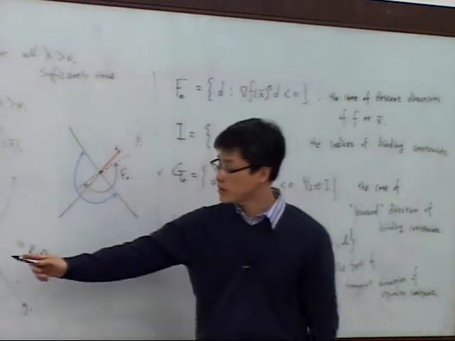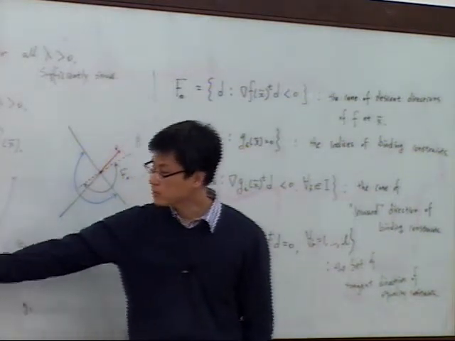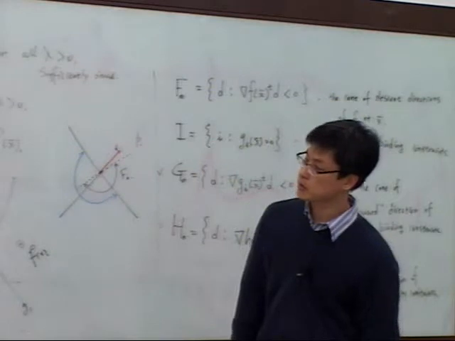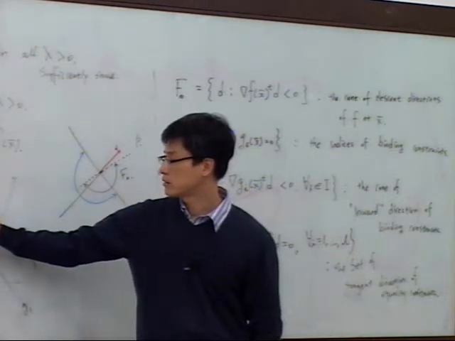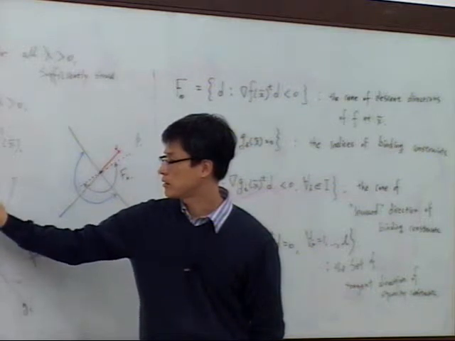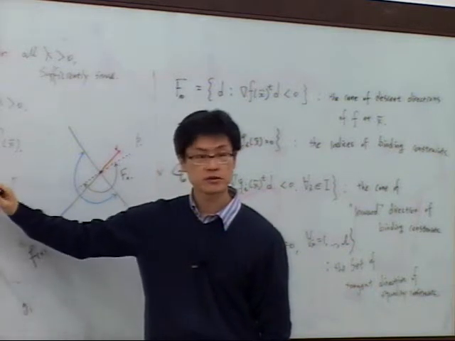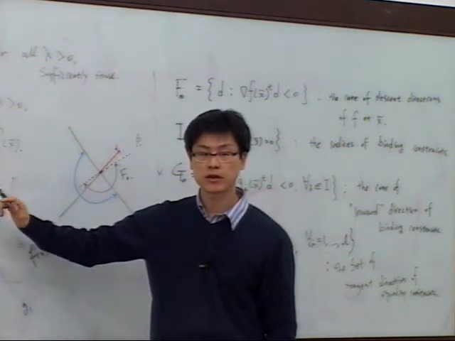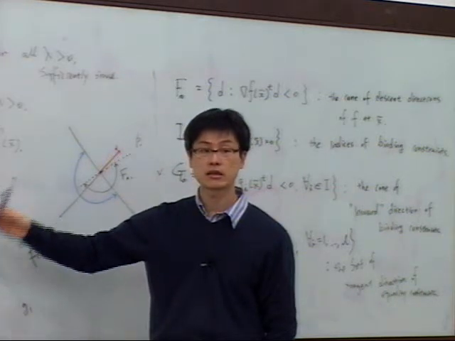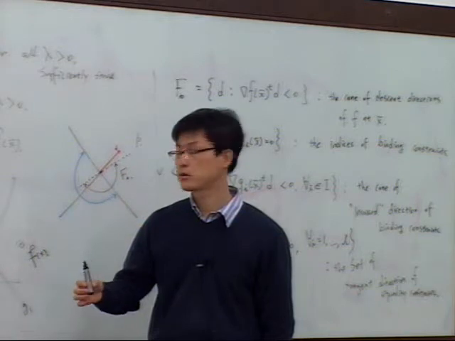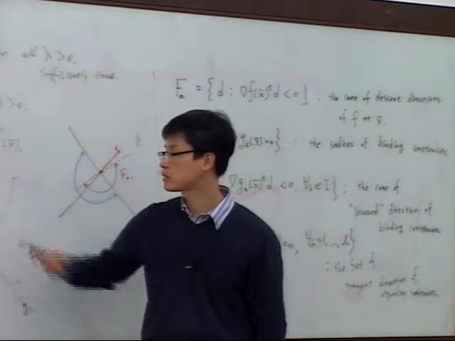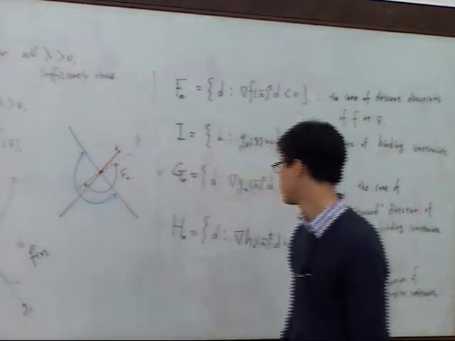Based on this equality constraint, I'm not sure which part went wrong, but if you follow this direction on this equality constraint, it will be a descent direction, if you still honor the equality constraint. So that's the meaning of this H sub 0.